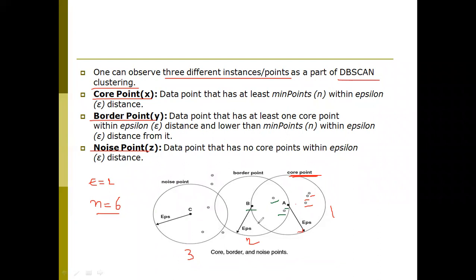Why? Because it has fewer data points, so this is not a core point. So what is it? It may be called a border point, or border cluster.